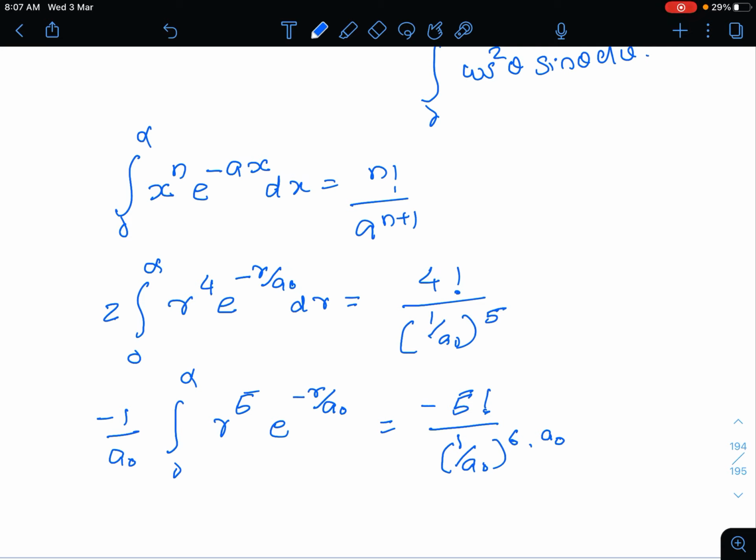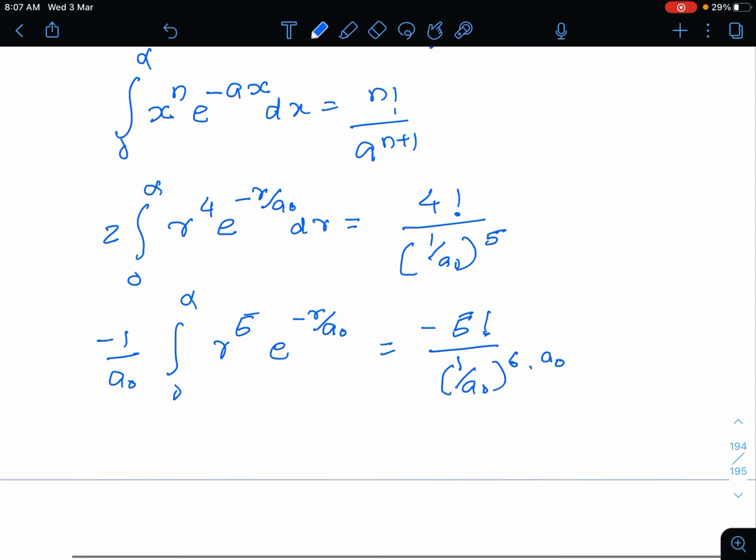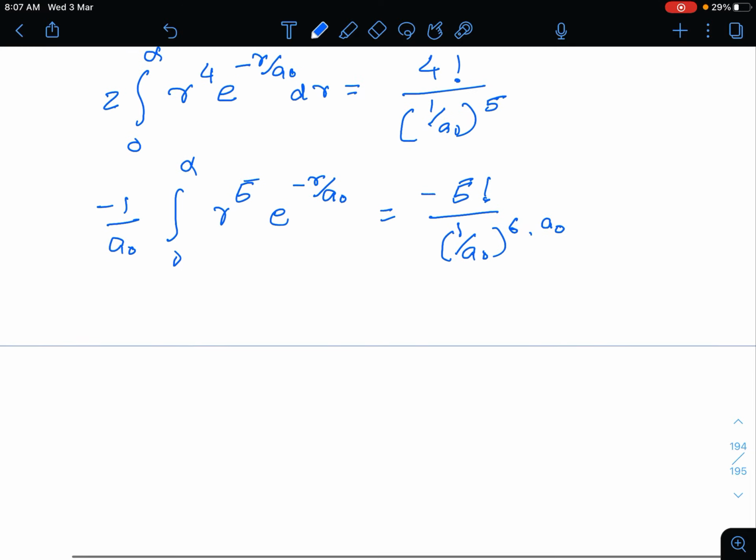Multiplying these two, what do we get? Oh, you have a 2 here, sorry.